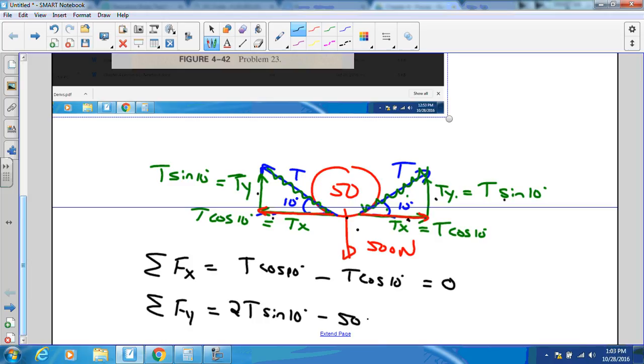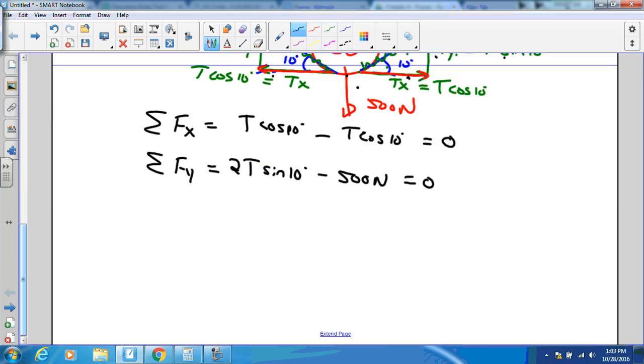And then her weight of 500 newtons is pulling down, so we have a downward force. And that is equal to 0 because Arlene is not accelerating. So this gives us now two equations. The first equation is a trivial equation. It just says 0 equals 0, and we don't get any useful information from it. But the second equation is very useful to us.